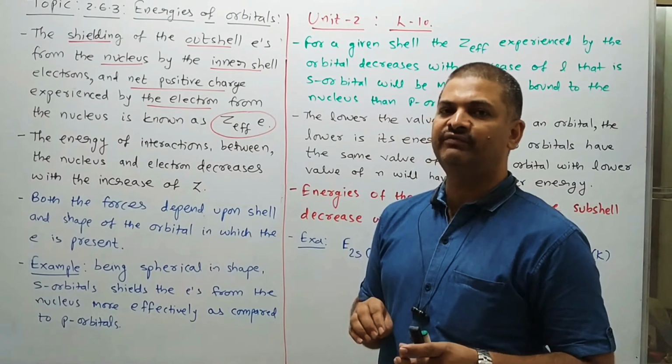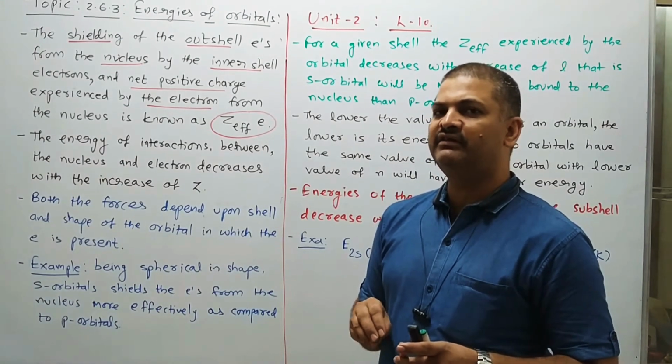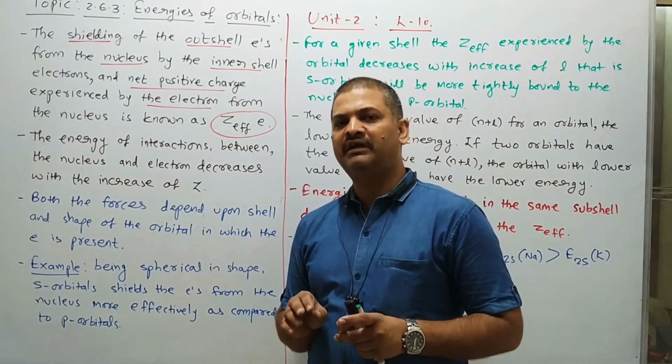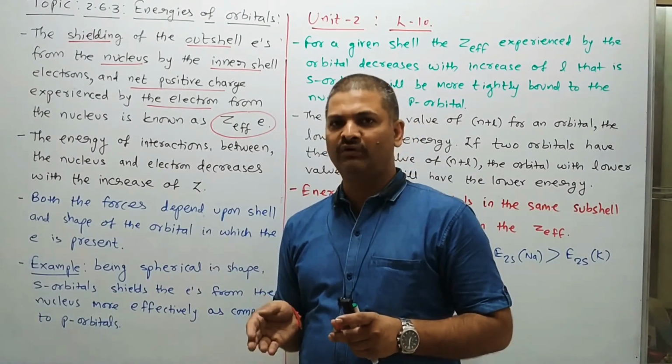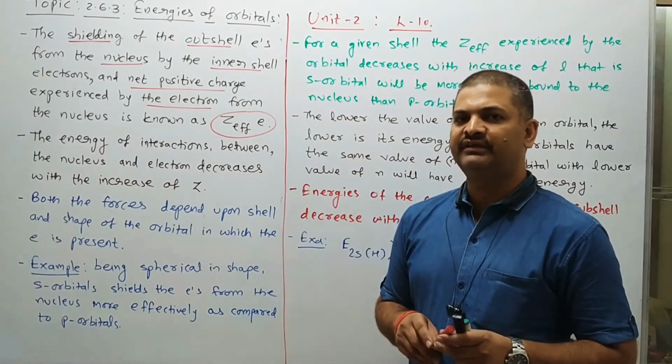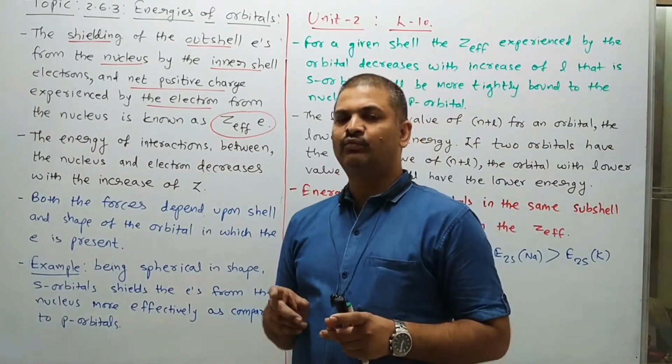If valency of any material will be more, then for any isoelectronic species, what will happen?